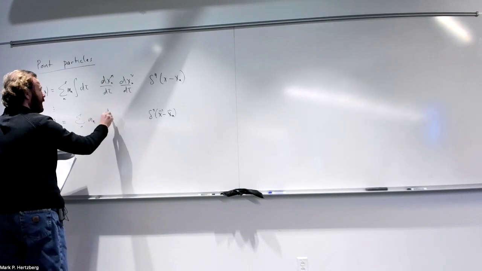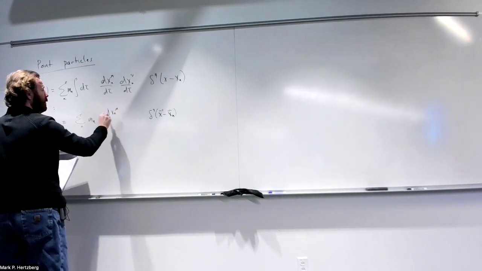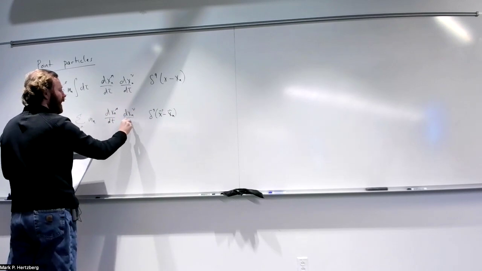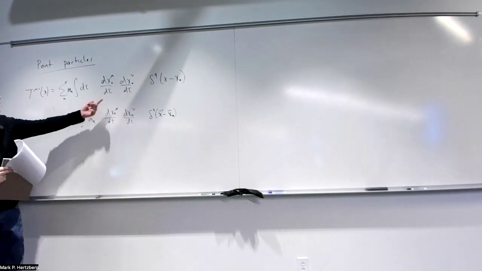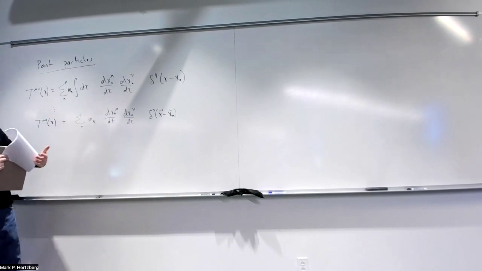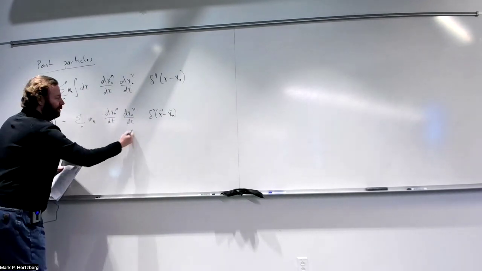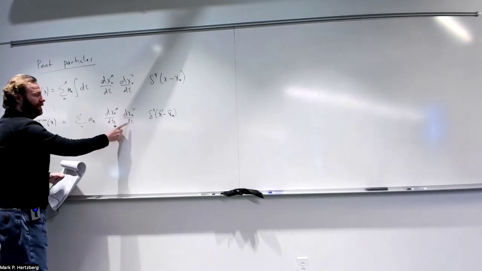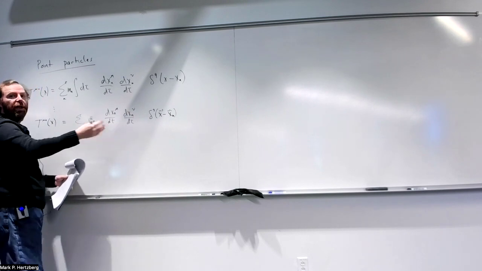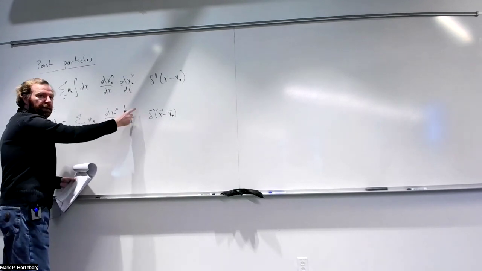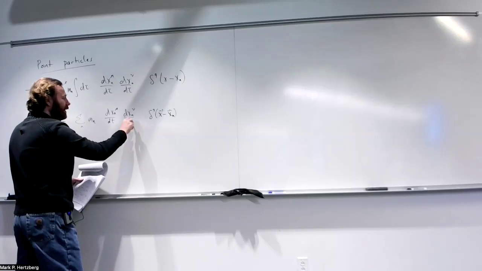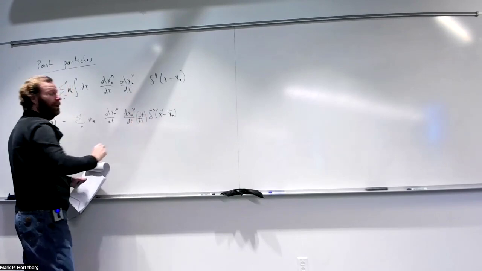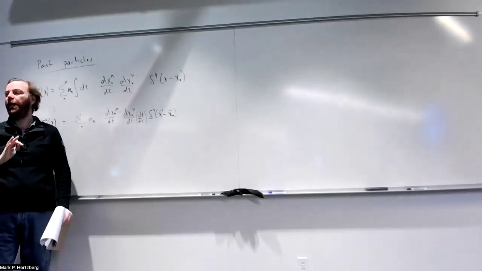And I wrote it, I think last time, dx mu dt, dx nu d tau. And I traded in one of these d taus for a dt. But then, as a step I did also last time, you can also use the fact that dx d tau is, by the chain rule, dx dt, dt d tau, right? So this I can write as dt d tau, and dt d tau is the gamma factor for that particle.